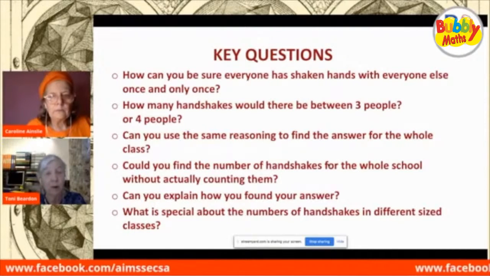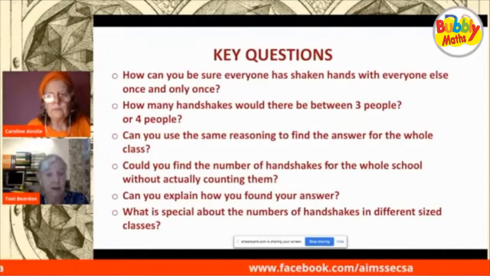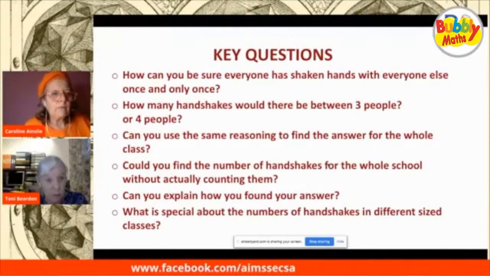Now here you're asking that question when the children have reached a point where they can tell you how many for 20, because that was the original question, or they can tell you how many for the class that they're with, you know, the number of children actually in that room at that time. And now you're asking them, we're generalizing.